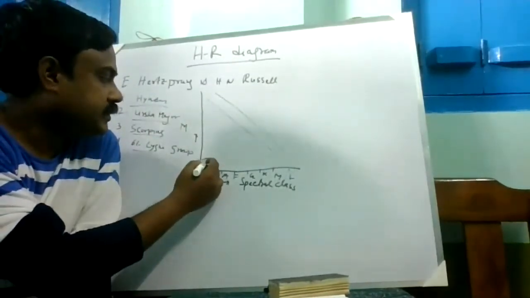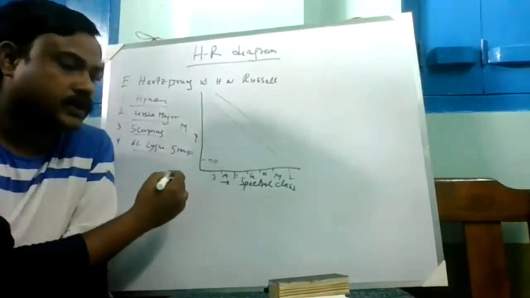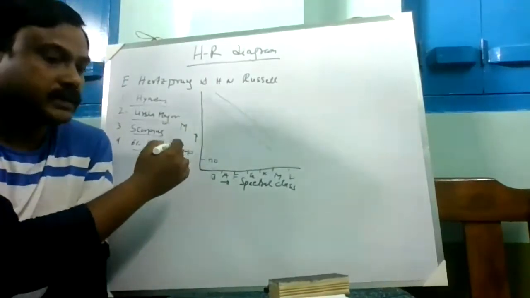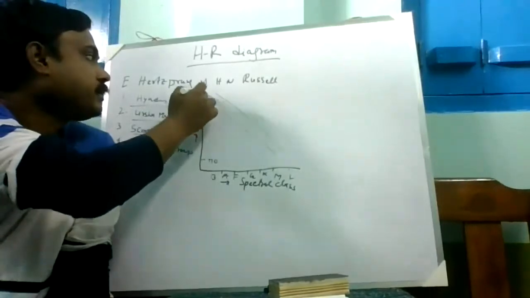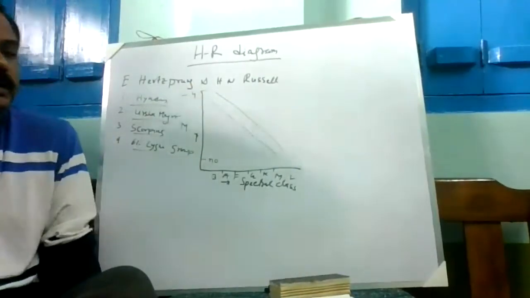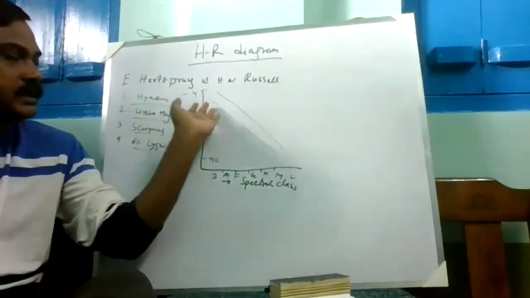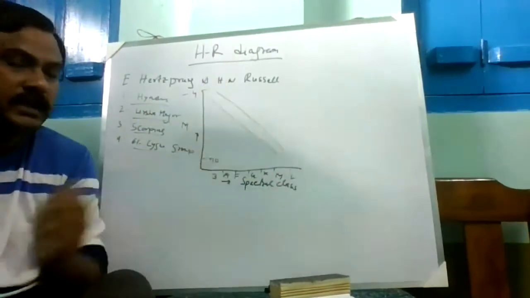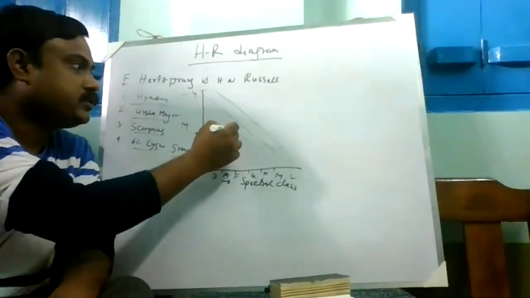Say the faintest are plus 10 magnitude, and the brightest minus 4 magnitude. They plotted, and this band is called the main sequence stars.